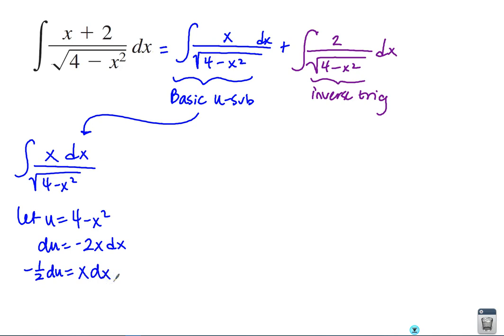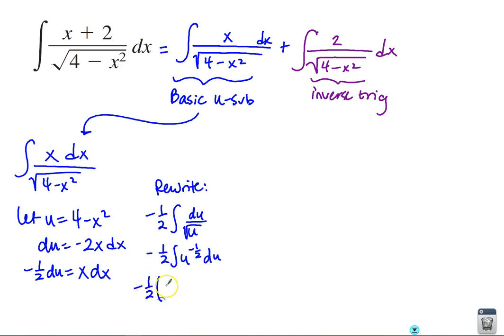Then I go to my rewrite, and I'm going to have negative 1/2 the integral of du over u to the 1/2, or root u, which is the same thing as negative 1/2 u to the negative 1/2 du.